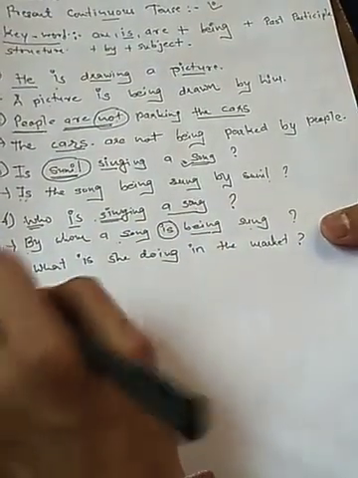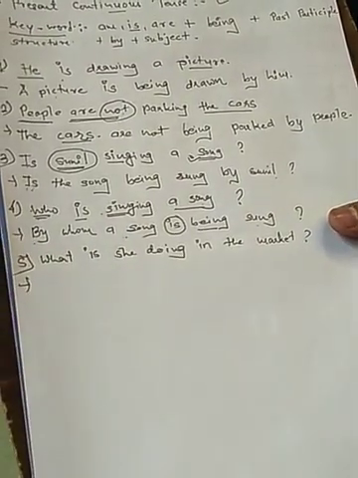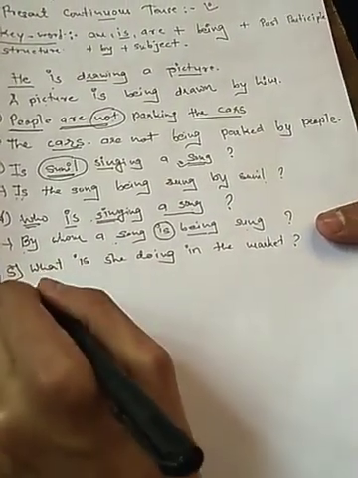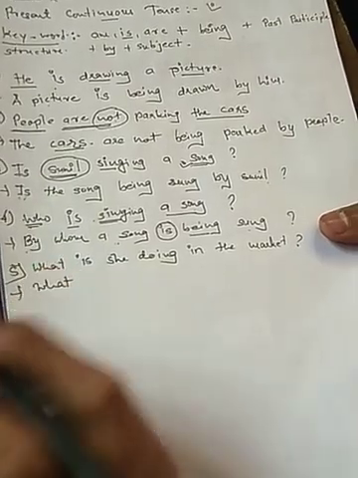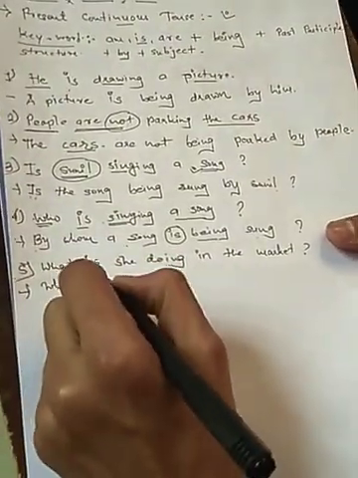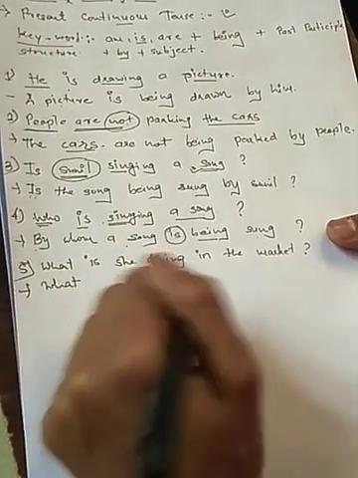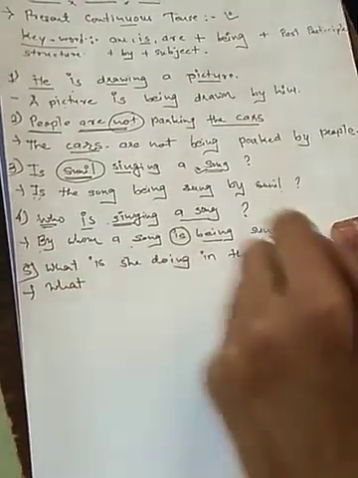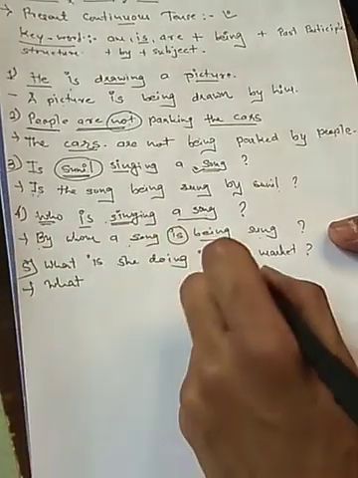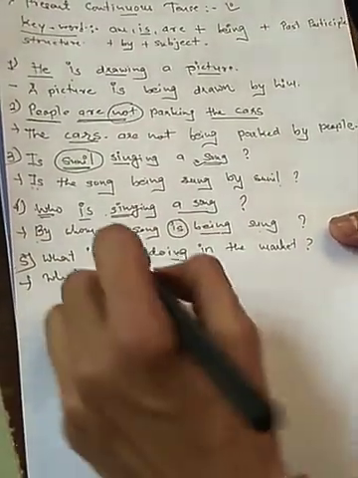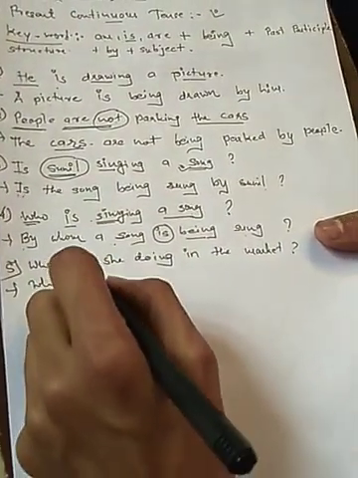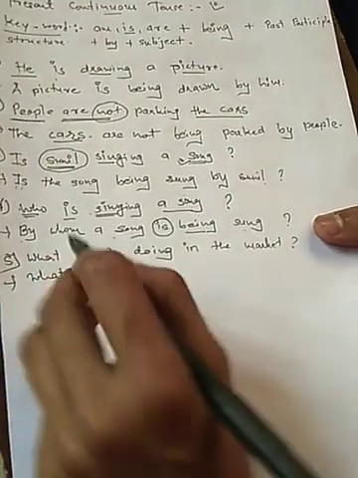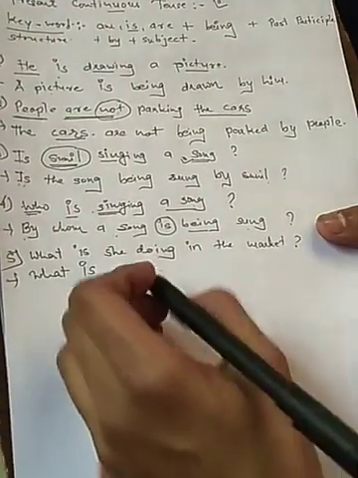Whenever your sentence is starting from what, in the very beginning you have to put what itself, then put am, is or are regarding the object. But in this sentence you can see that no object is given. So here what you have to put is what is. Why? Because object is not given in the sentence.